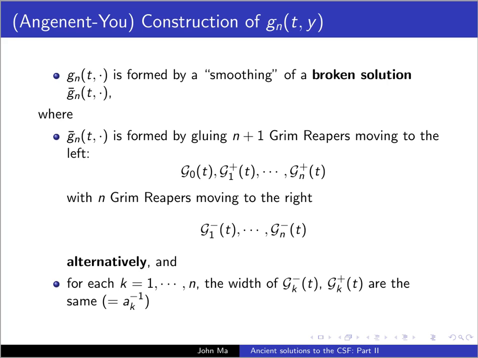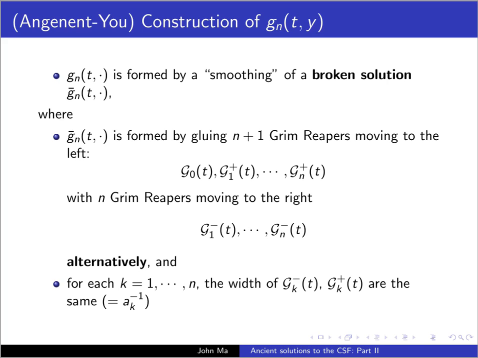We take a copy of n plus 1 Grim Reapers moving to the left, and another n Grim Reapers moving to the right, which I denote as G0, G1 up to Gn plus for those moving to the left, and for those moving to the right, we denote that using the minus sign.